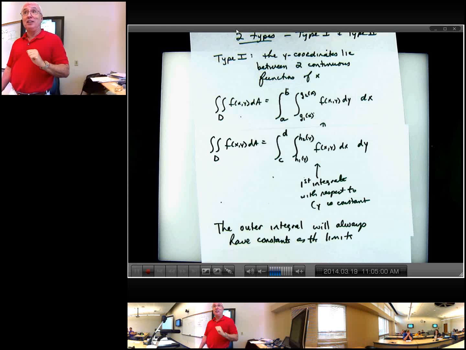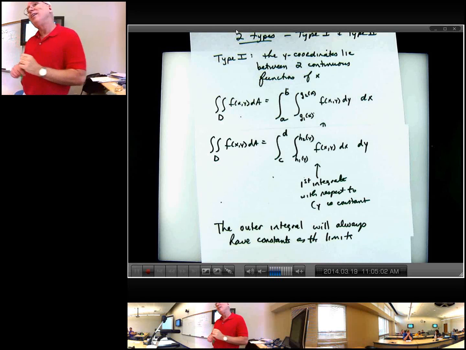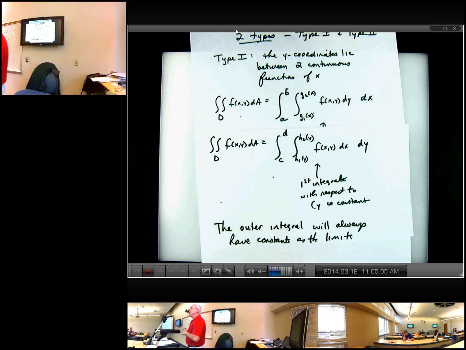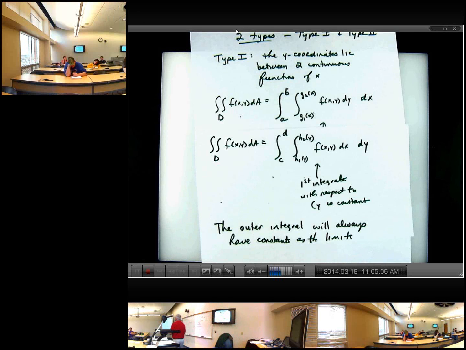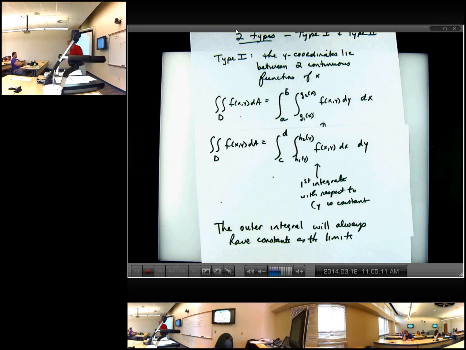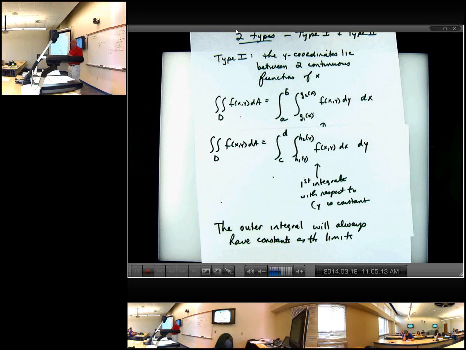Yes? How do you know if it's type 1 or type 2? How do you know if it's between functions of x or if it's a function of y? Okay, well, let's see if doing some examples will help shed some light on that, because this is all general stuff, all right? Let's hope that that helps.